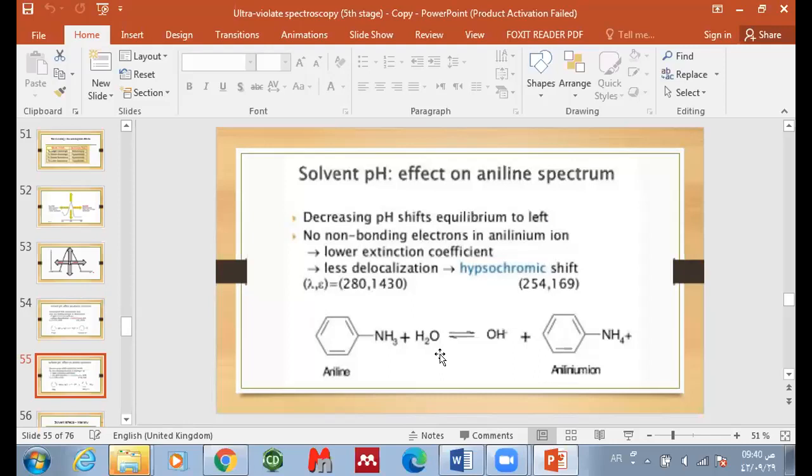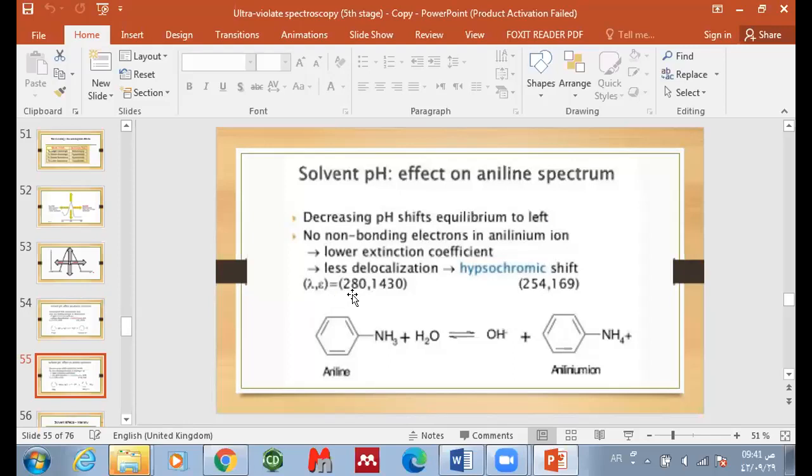This leads to a lower coefficient, epsilon, and lower wavelength, less delocalization.